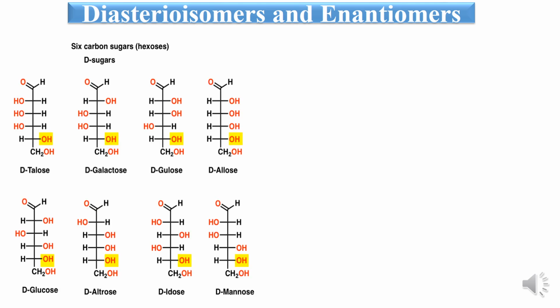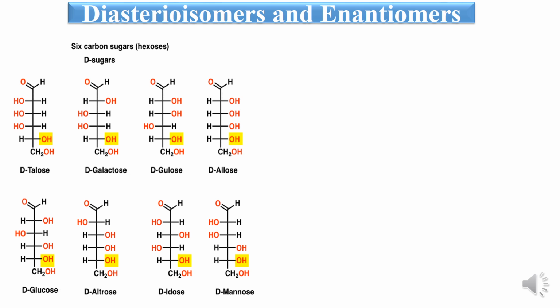Let us take a look at what diastereoisomers are. Diastereoisomers are defined as non-mirror images, and they are non-identical stereoisomers. So they are a type of stereoisomers. An example of hexoses is given here, in which there is more than one chiral center, and the position of the hydroxy group varies at more than one carbon.